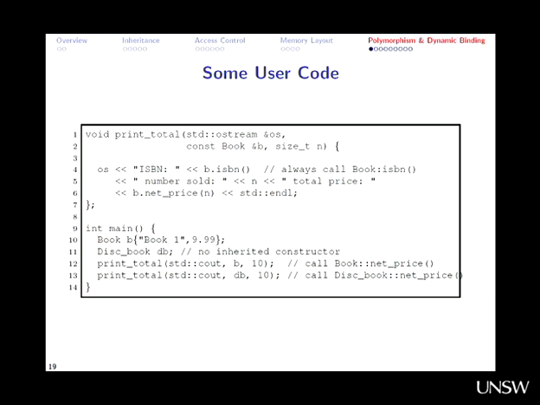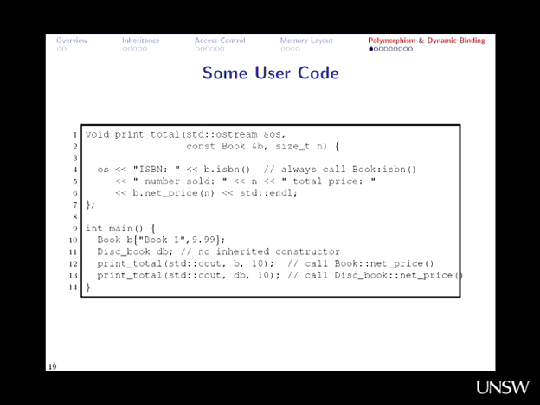Okay, but that called the second version. The way in which I can quickly show you this, if I just modify this net price to say standard cout book, standard NL, and we do the same down here on this one.